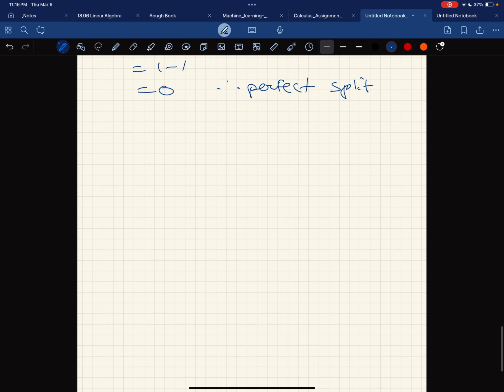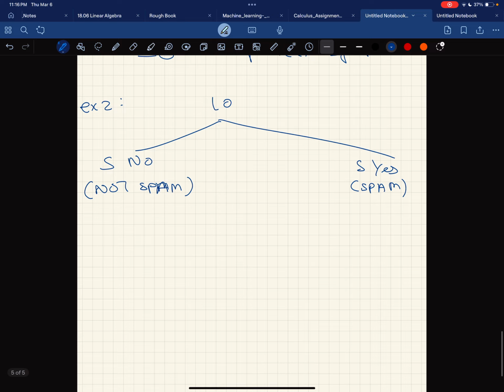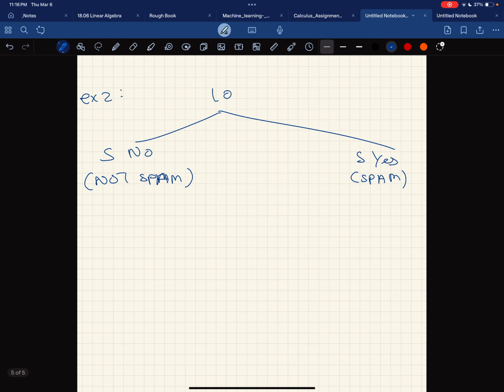Now let me show you the example of a maximum impurity split. If there was a data set of 10 emails, where 5 emails were yes, classified as spam, and 5 emails were no, classified as not spam. Now if we calculate the Gini impurity, it would be 1 minus summation of all the class proportions squared, so 0.5 square plus 0.5 square.